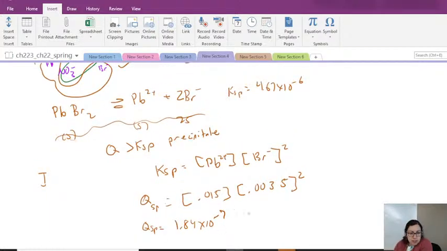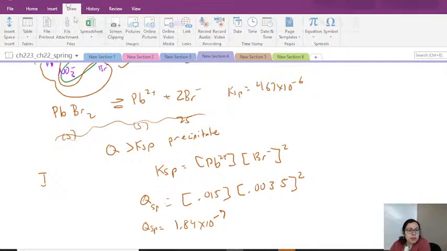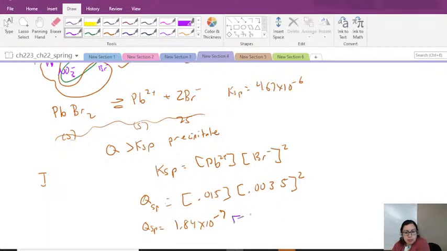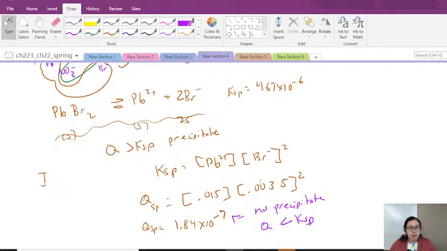So no, exactly. So we'll say no precipitate, since our Q is less than our KSP. So questions about this one?